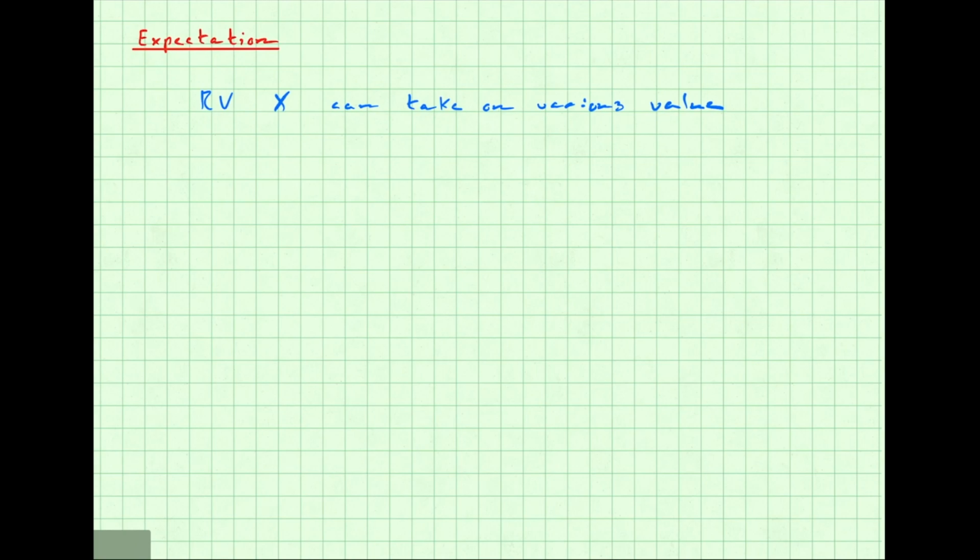So we introduce what we call the expectation value, and we write it in this funny way: the expectation value of x, or the expected value of x.